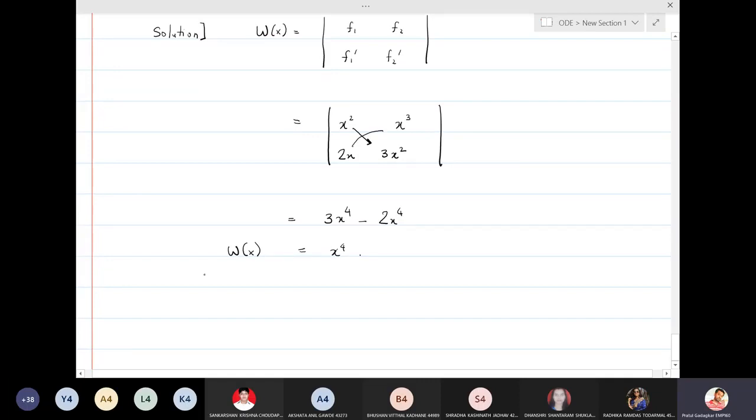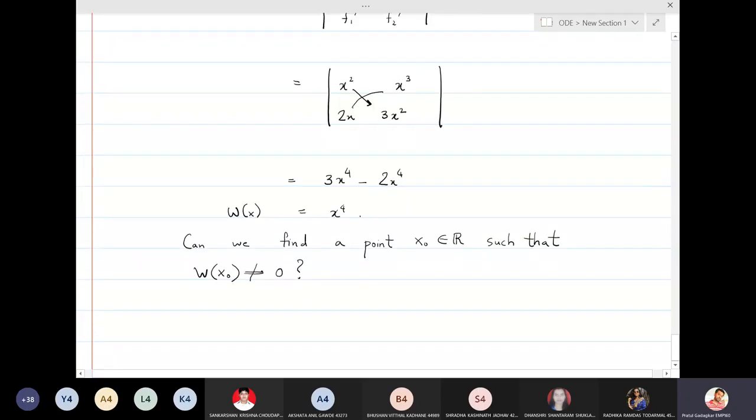So let me write here. Can we find a point x naught, a real number, such that the Wronskian at that point is not equal to 0? I will say yes.